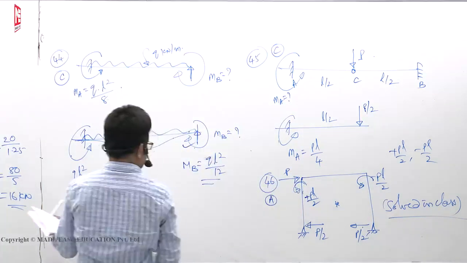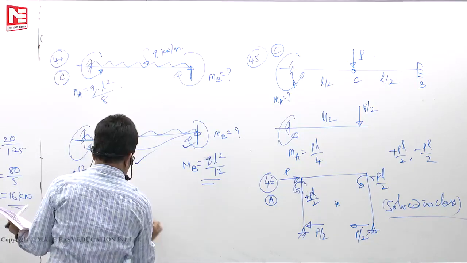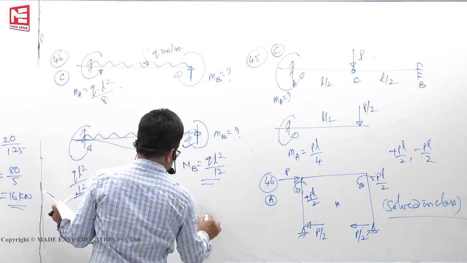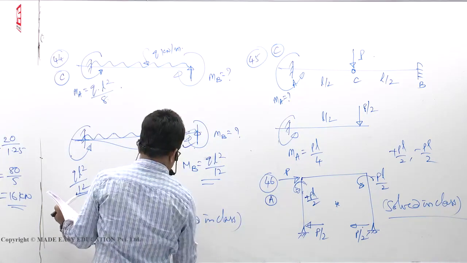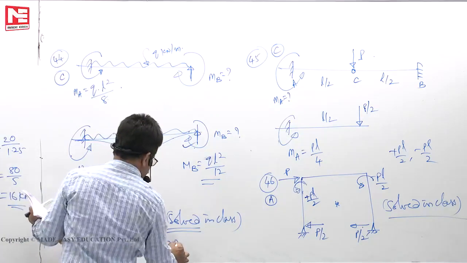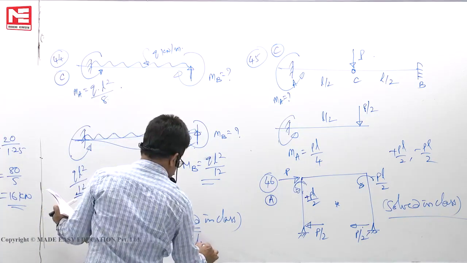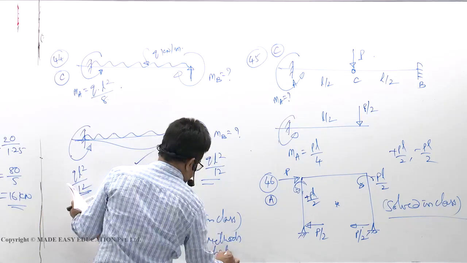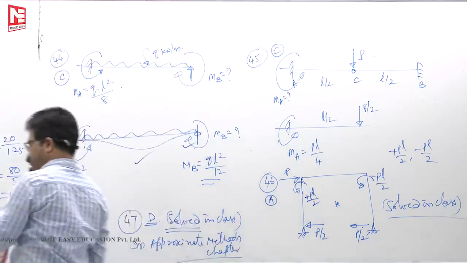So 47D. Solved in class, in the approximate methods chapter. Okay, 47 is over.